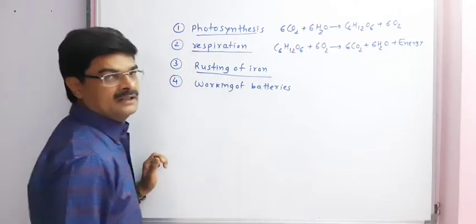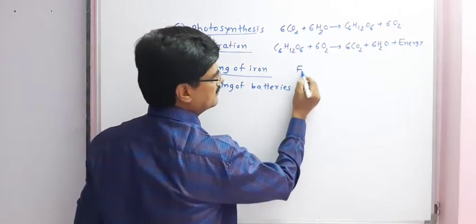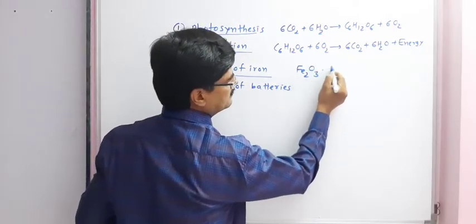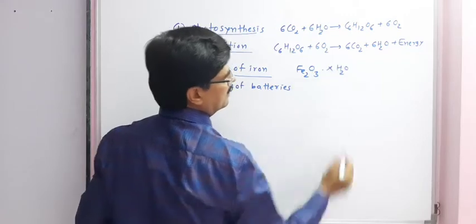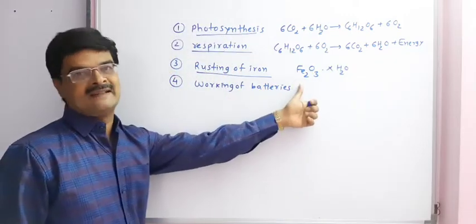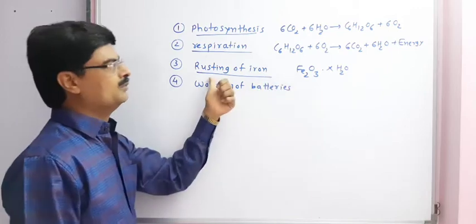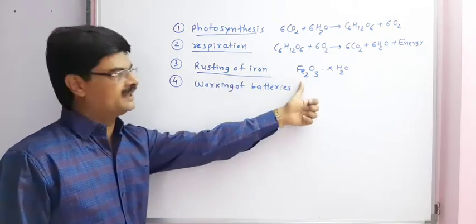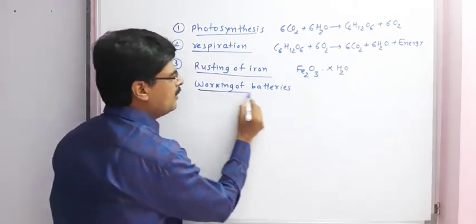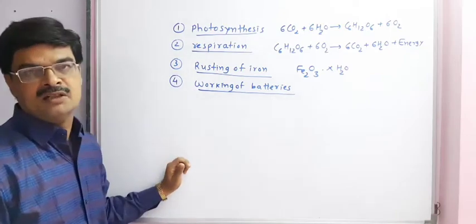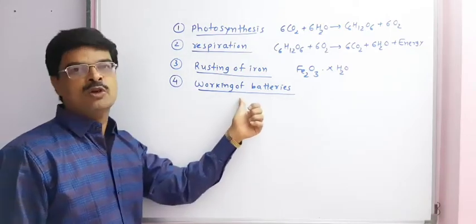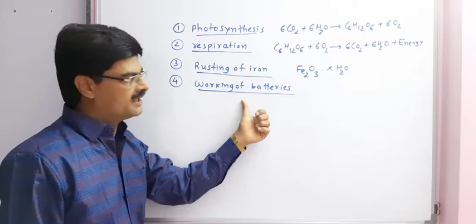Rusting of iron, in which Fe2O3.xH2O rust is formed. This is also because of redox reaction. Working of batteries, whether it is wet or dry battery, this is also because of redox reaction.